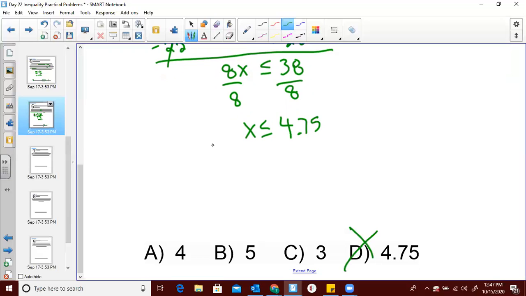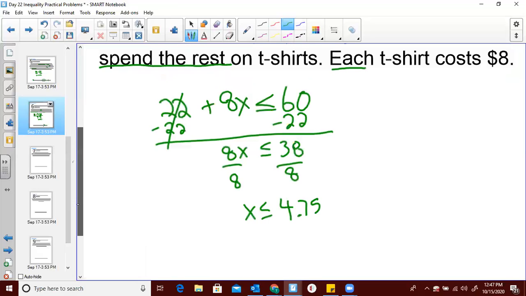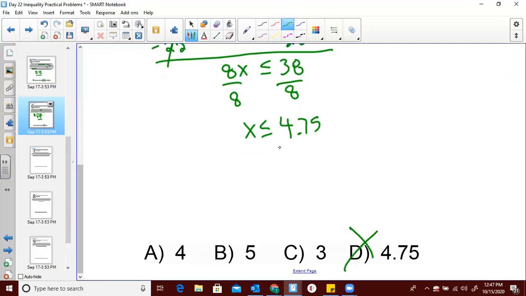Again, we have a max of $60, so we cannot buy more than 4.75 shirts, right? So 5's not going to work. So we're looking for the closest whole number that's less than 4.75. And in this case, that's just going to be A.